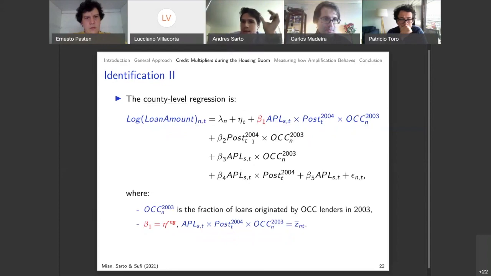I'm just going to replace the OCC indicator by the average of the loans originated by OCC lenders in 2003. This is the regional measure of the shock that the authors use in their paper, and this is going to be our regional elasticity. We're going to use data from 2000 to 2006.